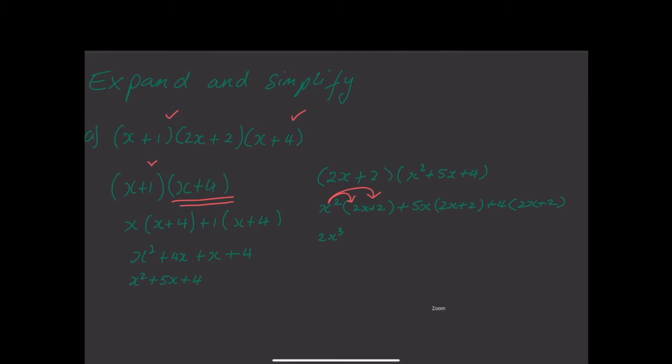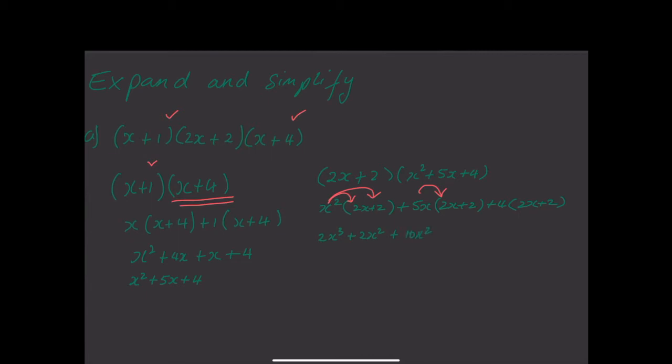We're going to get positive 2x squared. Then we have plus 5x, so we write a plus sign since we're multiplying a positive by a positive. So now we're going to get 5x times 2x, which is going to give us 10x squared.